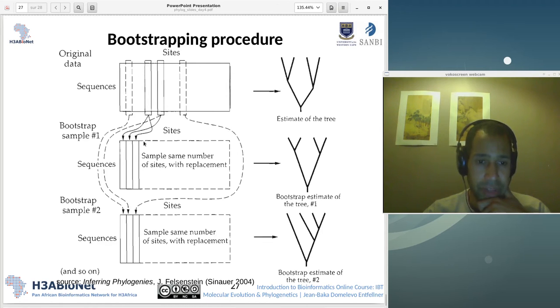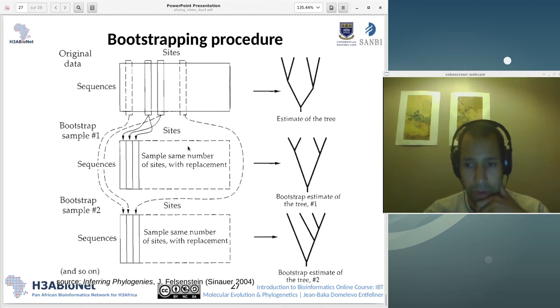So if we select a different makeup of sites, because we sample the same number of sites as the original number here, but with replacement. So we take like twice this site. It's taken here, it's taken there, once this site, okay, and we make these 3 sites out of twice this site and once this site.